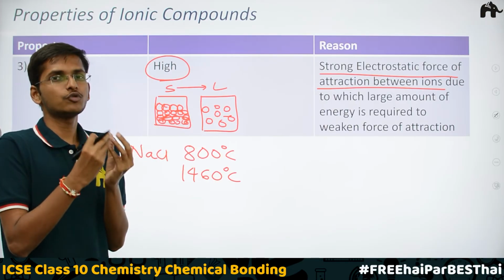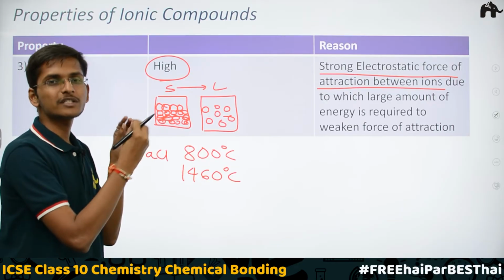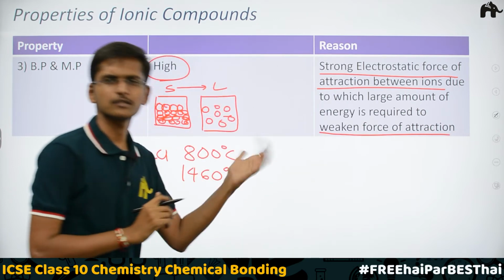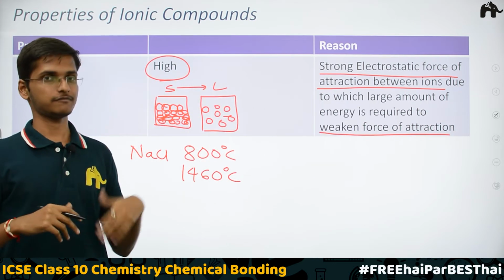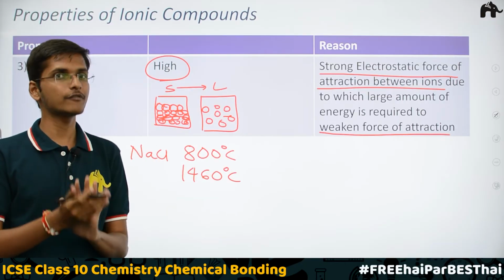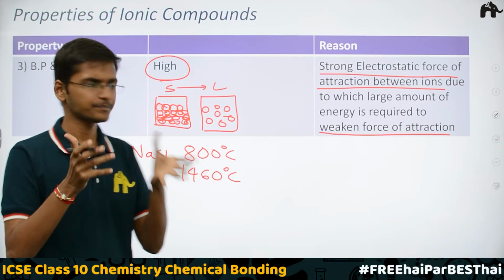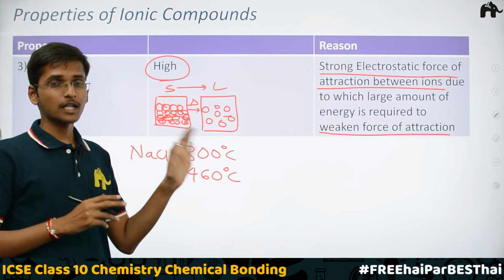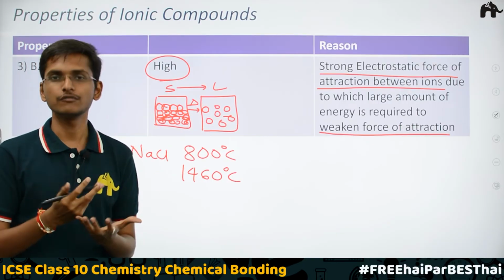To make these particles move away from each other, we have to weaken the force of attraction, the strong electrostatic force of attraction between the ions. For weakening this force of attraction, we have to supply energy, we have to heat it. It depends upon the force of attraction how much energy would be required.